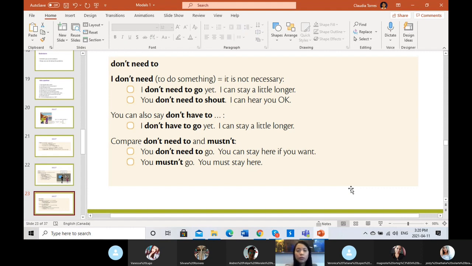I don't need to go yet. I can stay a little longer. So this means that you have options, right? So it's optional to do something. So it is not necessary to do it. It's like do it if you want.